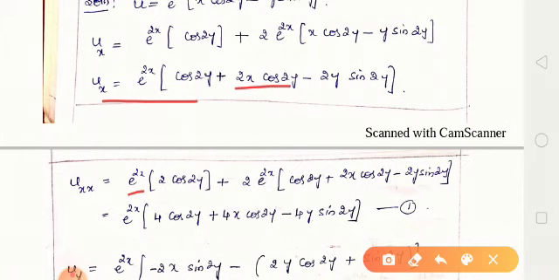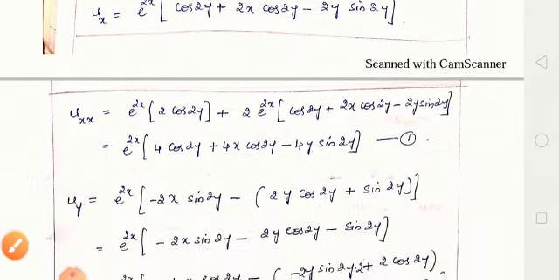It is 2 cos 2y. And derivative of y into sin 2y is 0. So 2 cos 2y plus derivative of e power 2x is 2 e power 2x, and the second function we kept as it is. Take e power 2x as the common term and write the remaining terms. Take this as equation 1.